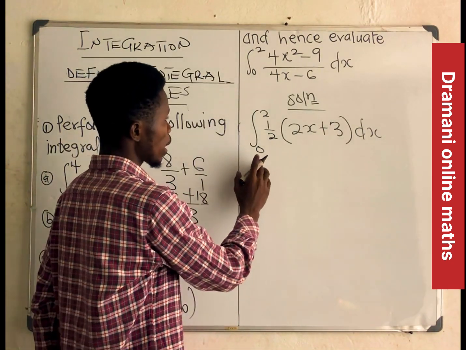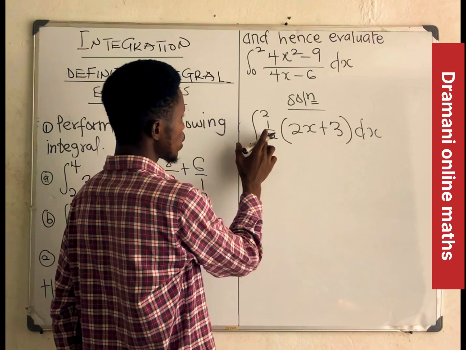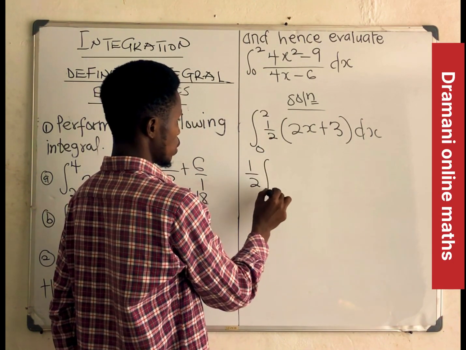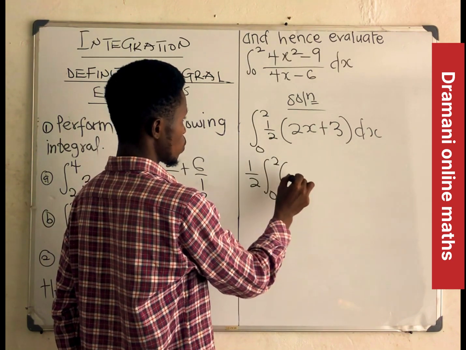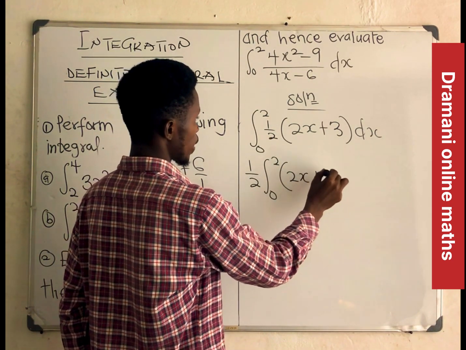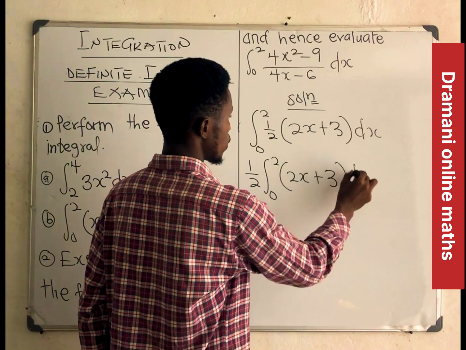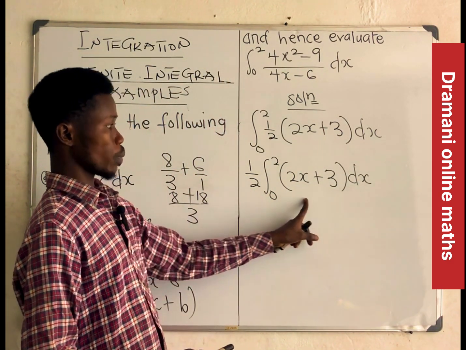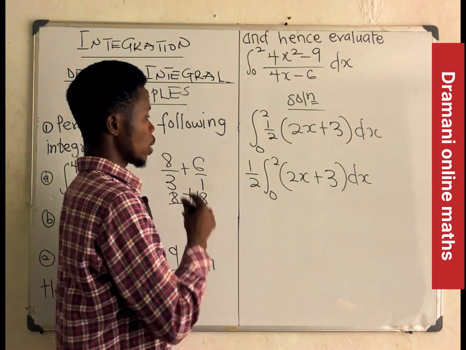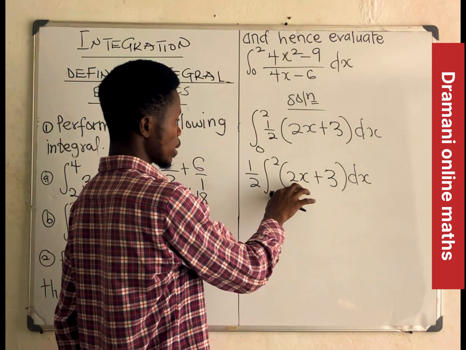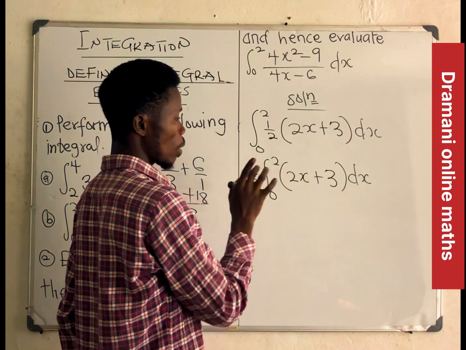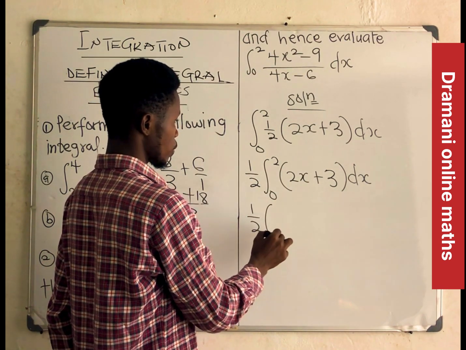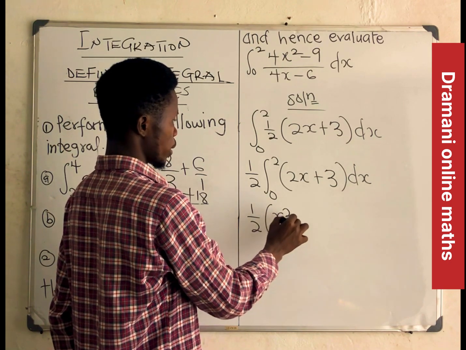So now that we have this, you see this is a constant, so I can bring the constant out. Integral from 0 to 2 of 2x plus 3 dx. So now remember this half is multiplying everything here. If I integrate 2x, I'll get x squared. So my half is out here. This will be x squared.